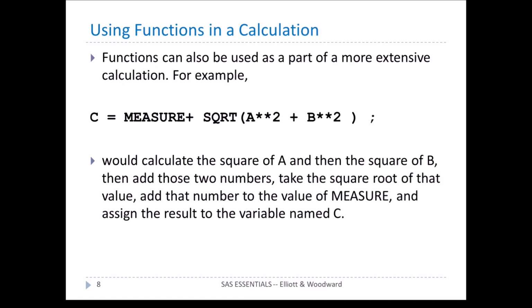In this case, for instance, we have measure, assuming that's a number, plus the square root of a squared plus b squared, where a and b are variables. That would calculate the square of a and then the square of b, add those two numbers, then take the square root of that value, add that value to the value of measure, and assign the result to the variable named c.